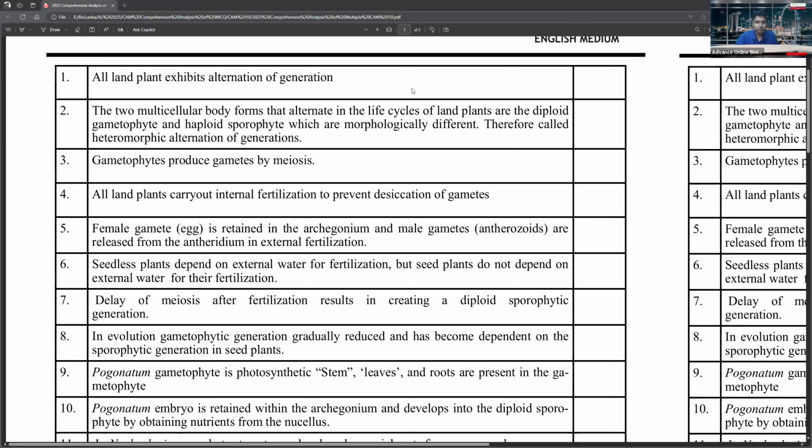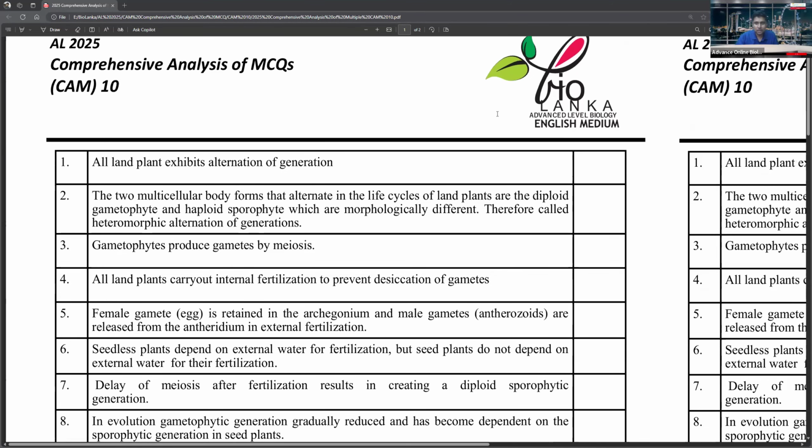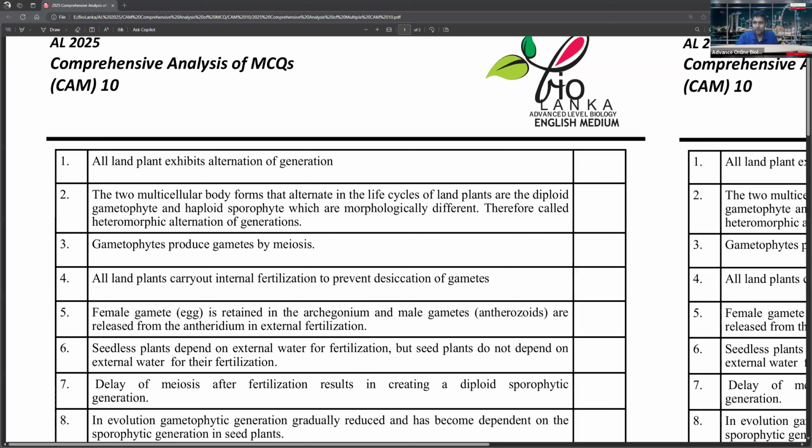So shall we start with the statement analysis first? Statement analysis, comprehensive analysis 10.1. I'll give you the chance to mark now. Can you mark whether they are correct or wrong?